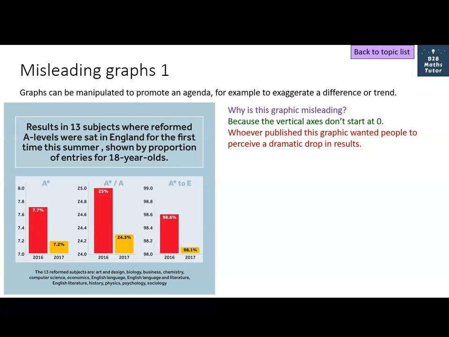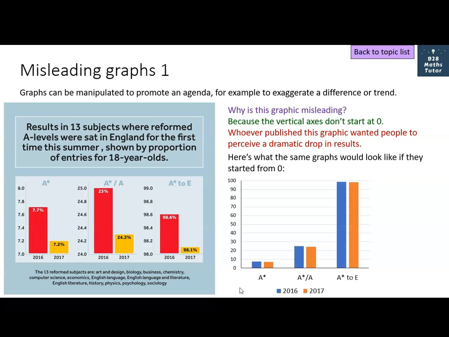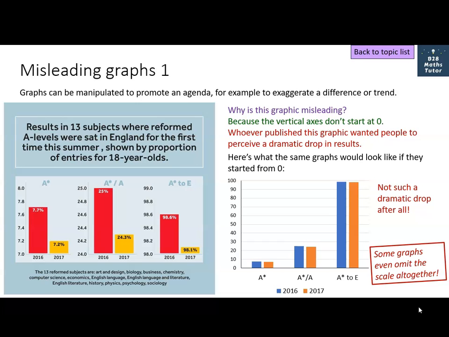But if we drew the same graphs with the y-axis starting from 0, here's what they would look like. So yes, there's a small drop, but it's not exactly world-shattering, is it? Not such a dramatic drop after all. And some graphs completely omit the vertical scale altogether, so you have no idea what these bars actually represent.